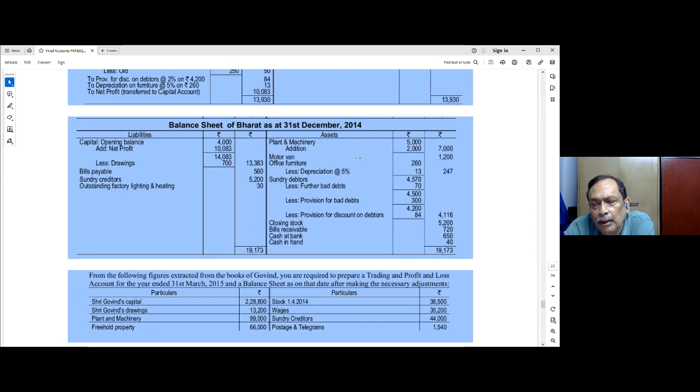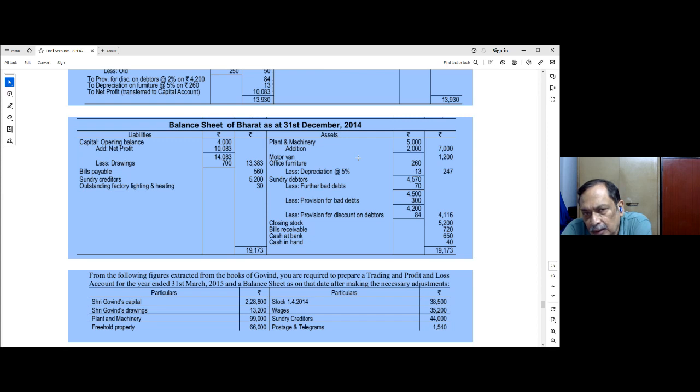Now we are preparing the balance sheet. So in the asset side, we are having plant and machinery purchased wrongly entered in the purchase account.